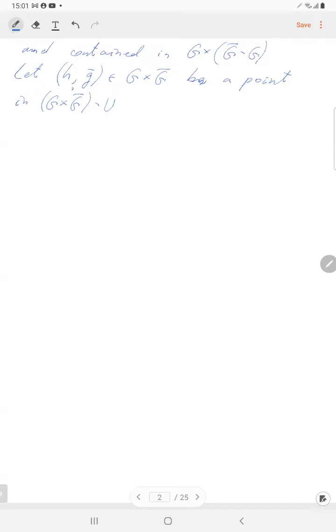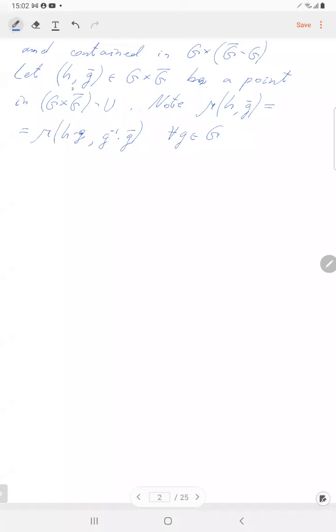And then note that we can just shift this point away, so to say. I mean that the multiplication of H and G bar is the same as multiplication of H times G and G inverse times G bar for any element of the group. Okay, just by definition.